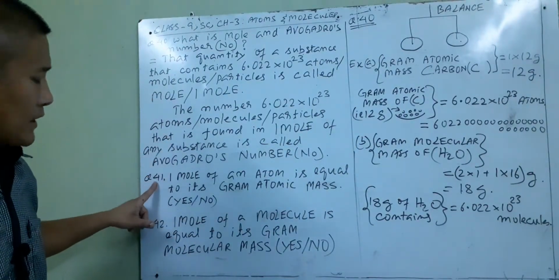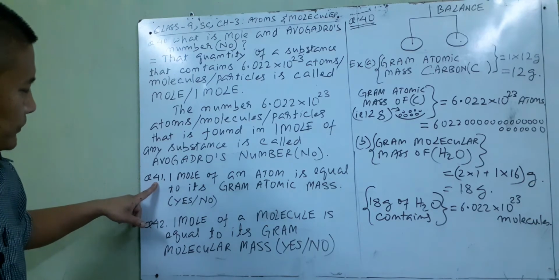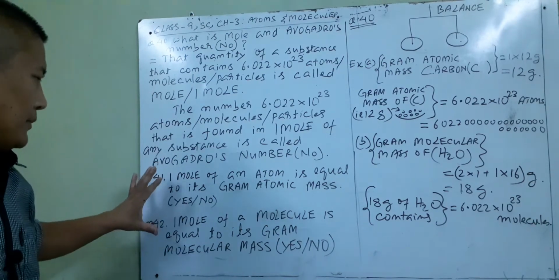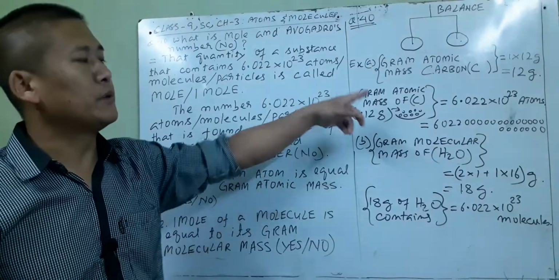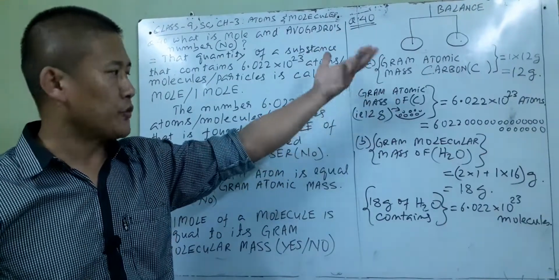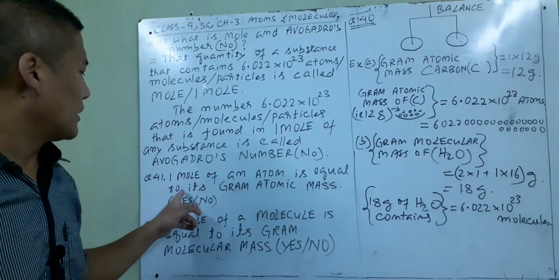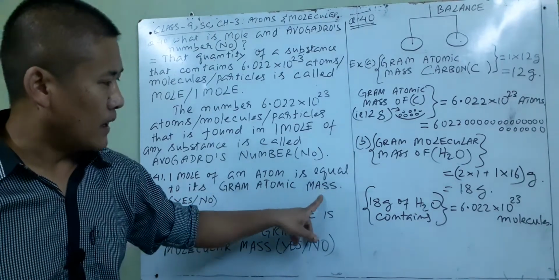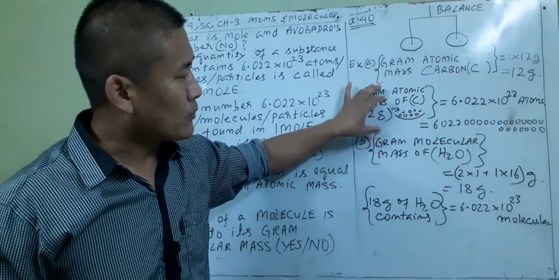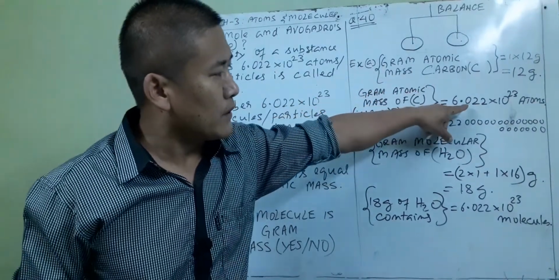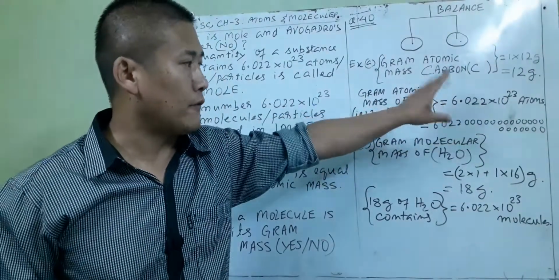So now we can answer 41 on your tuition note. You can pause the video and write it if you want. 1 mole of an atom, any atom, whether carbon atom or oxygen atom or sodium atom, is always equal to the gram atomic mass, because the gram atomic mass contains exactly the Avogadro number of atoms.